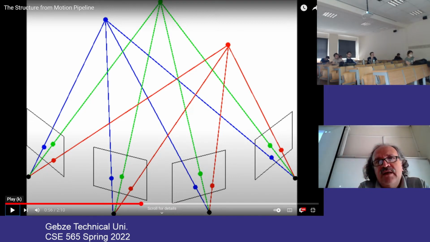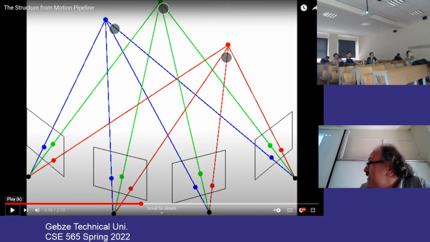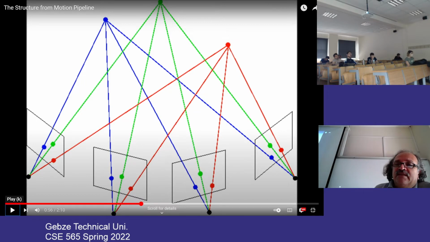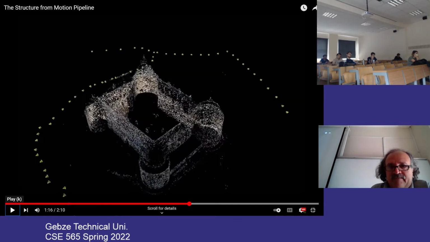Okay, I have good guesses for these three points: 1, 2, 3 points, 9 unknowns, plus the unknowns of all the cameras. If my guesses are right, then if I put my guesses into the equations, they should project correctly in these positions, right? This place, and that place.